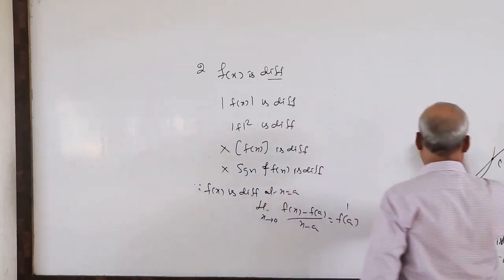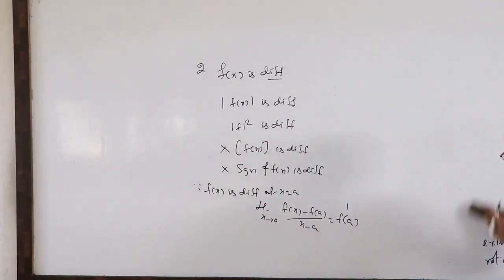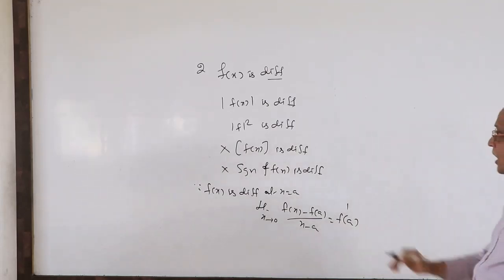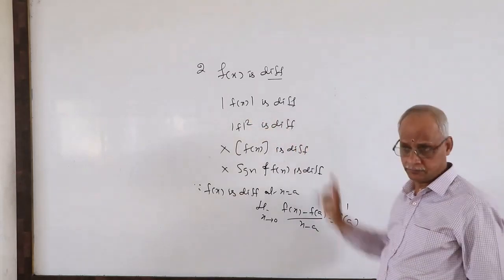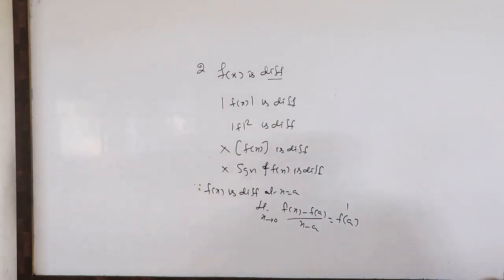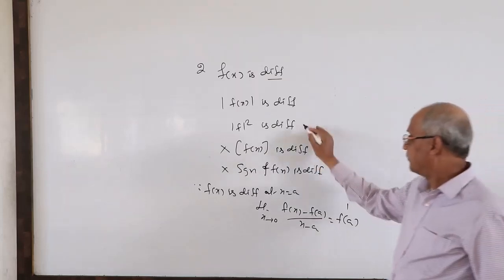Because it is given differentiable in general for every a. Consider, already I told you mod f of x has a sharp edge, definitely not differentiable. For this I am giving you proof.